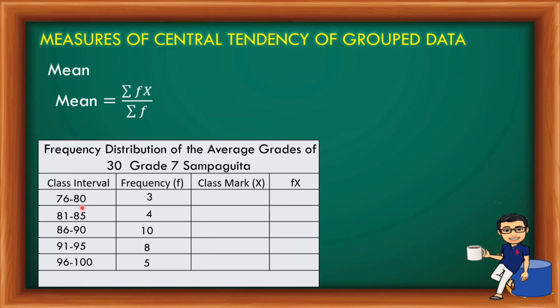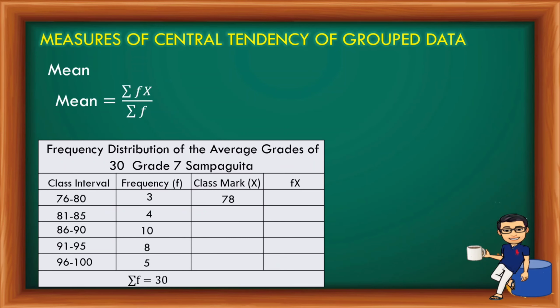So, ito yung bawat class natin, 76 to 80 up to 96 to 100. Sa class 76 to 80, para makuha ang class mark, you just add it. 76 plus 80, that will be 156, then divided by 2. So, kaya ang class mark natin ay 78.